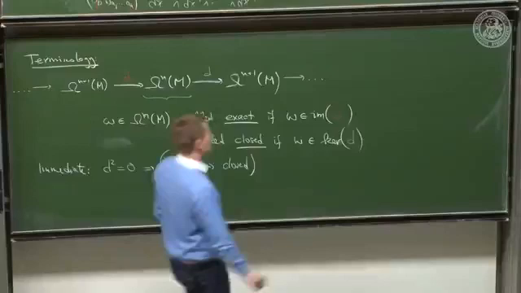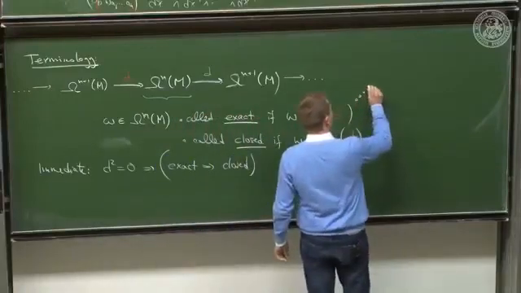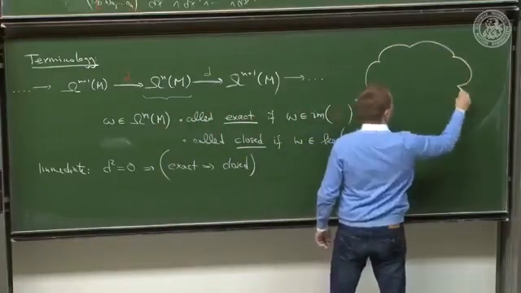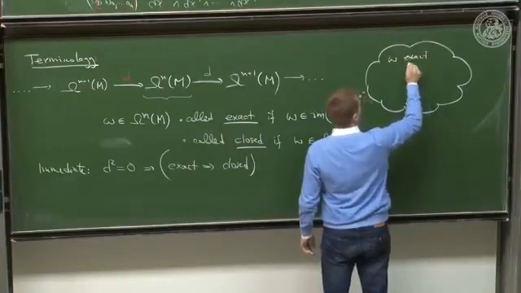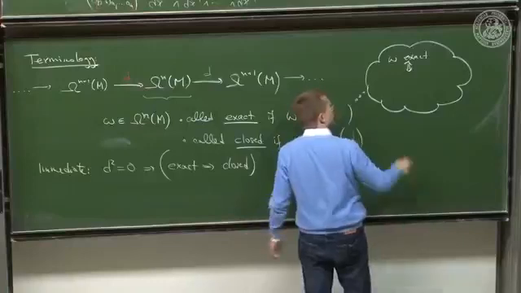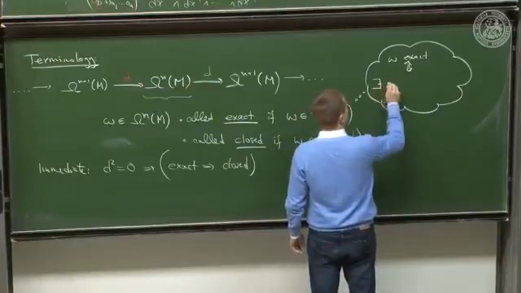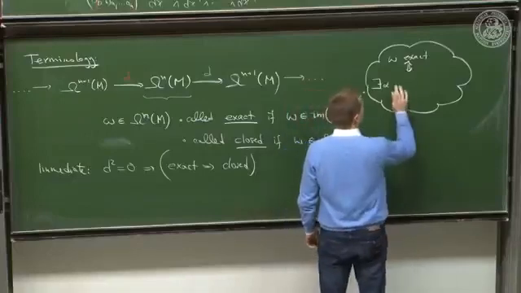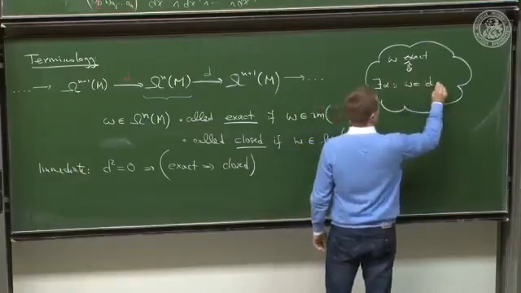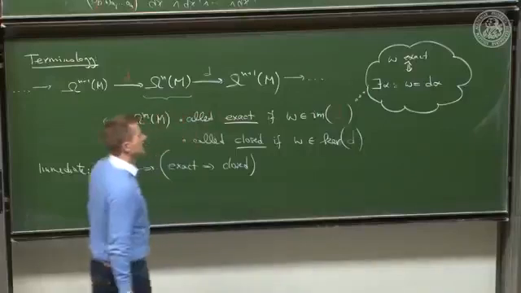Because you can think of the exact forms as follows. For an exact form omega, for practical purposes, there exists a form alpha of one degree less such that omega is d alpha. That's exact.